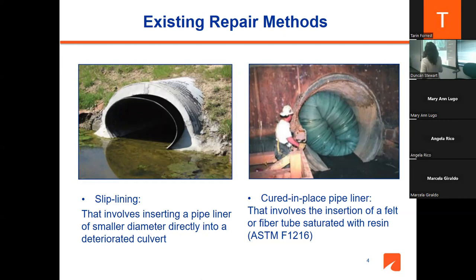And also cured in place pipe involves the insertion of a fiber tube saturated with resin. And this again involves new chemicals that may cause some environmental problems.